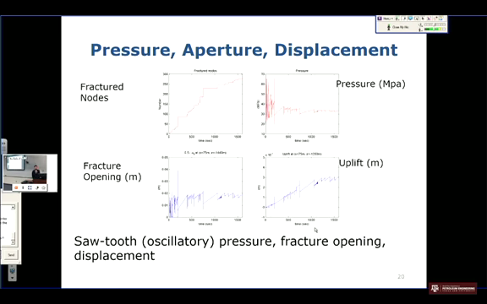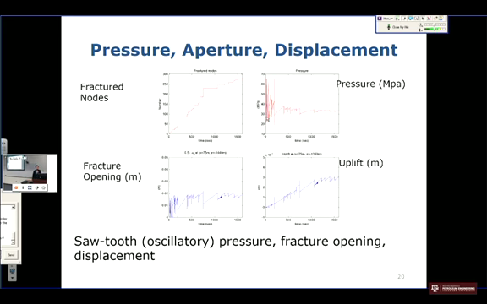These are the evolution of the flow and geomechanical parameters with respect to time. This is the fracture node. So actually, during the water injection, we have failures, and this is the evolution of the pressure at the injection well.